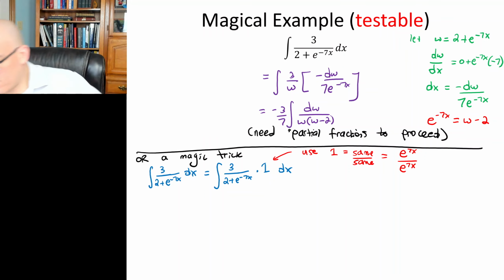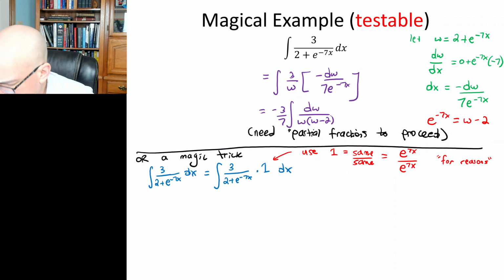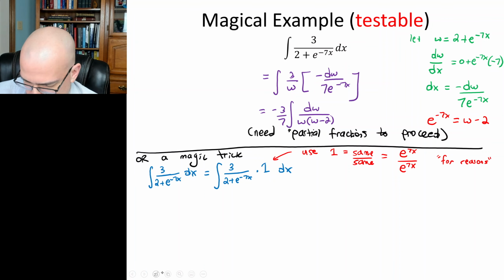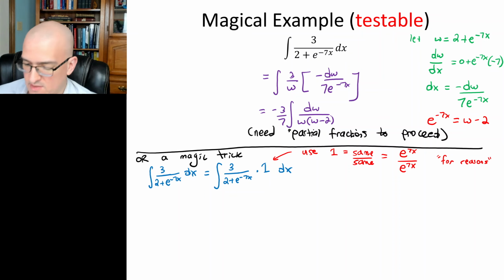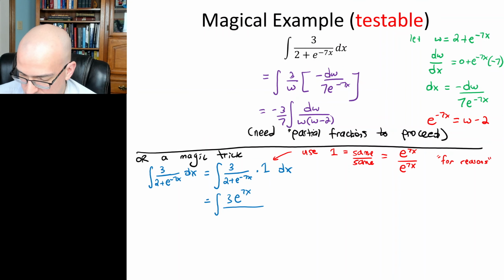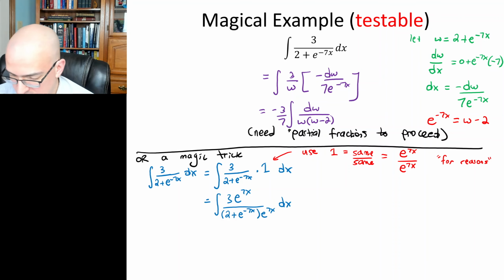Because mom said so, or because dad said so, or because uncle said so. And then after you see why, you say, oh, okay, that's why mom said to do that. Okay, so we have 3 e to the 7x over 2 plus e to the negative 7x times e to the 7x dx.